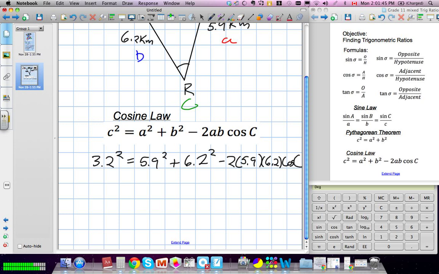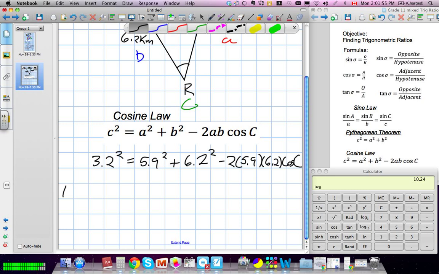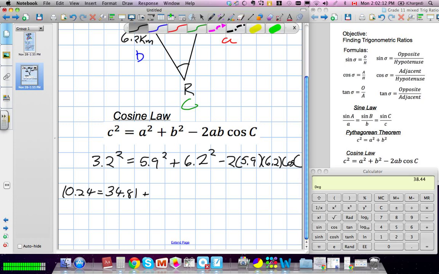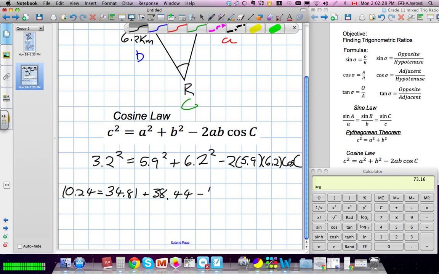So now we're going to solve for everything here. 3.2 squared, 10.24. So we have 10.24 is equal to 5.9 squared, 34.81, plus 6.2 squared, 38.44, minus, now we're going to multiply our 2 by 5.9 by 6.2, 73.16, and we're still looking for our C. C is the variable we're trying to find.